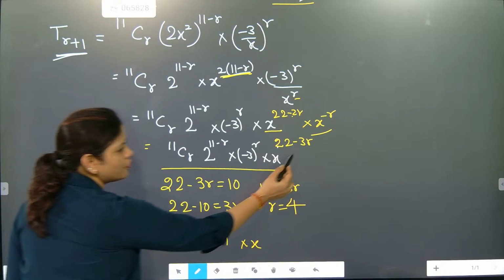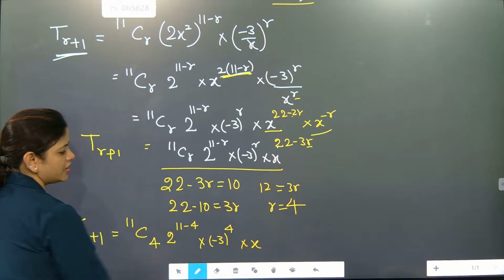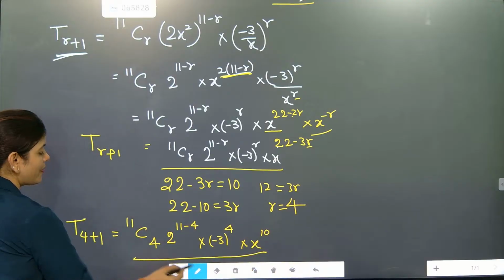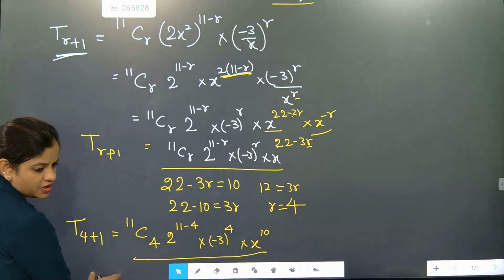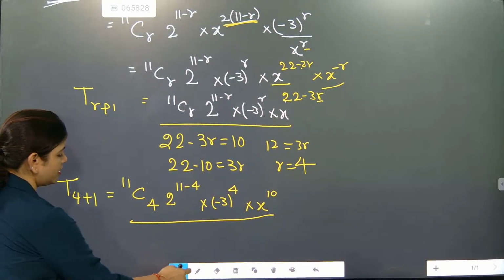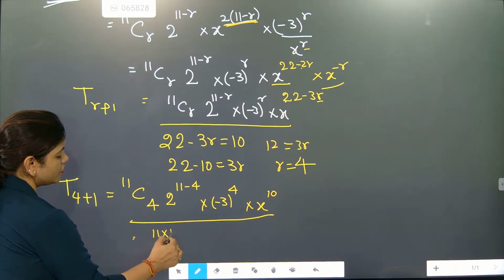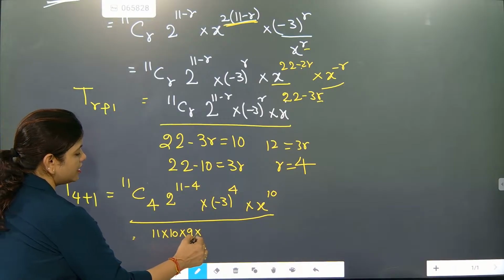Now, if you put 4 here, you directly get 10. And what is the coefficient? Here expansion is important. Here you need to expand. Without expansion you can't write it.